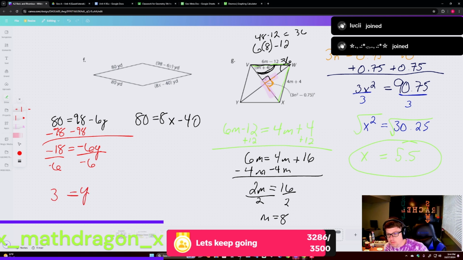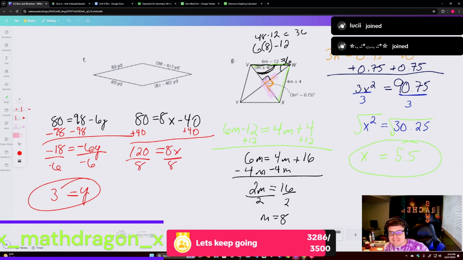Yeah. So y is going to equal 3 here. And then divide by 8. That should be 15. X equals 15. And if you wanted to double check, plug your values back in.